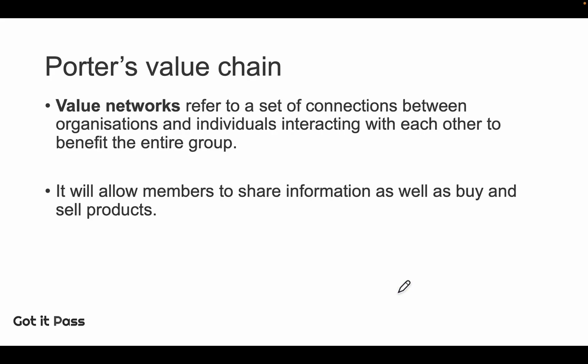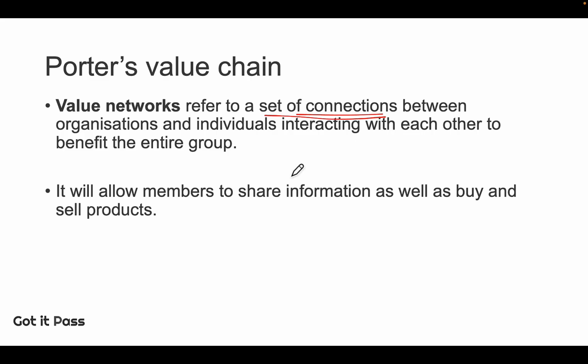As I mentioned before, Porter's value chain is not just a chart separating the primary activities and support activities. It's about the network, about the coordination. So here we are talking about value networks. Value networks refers to a set of connections between organizations and individuals interacting with each other to benefit the entire group.